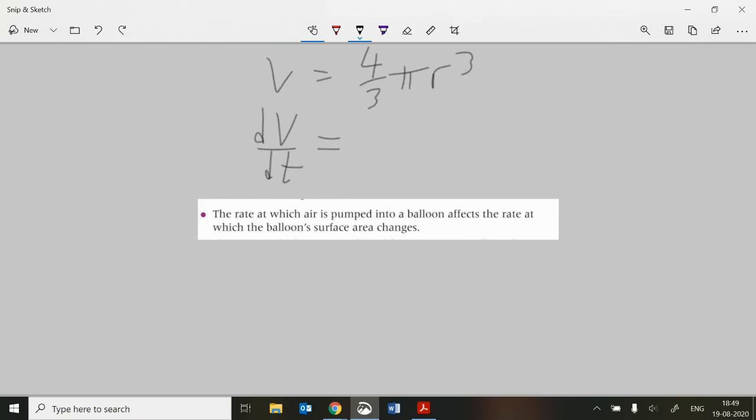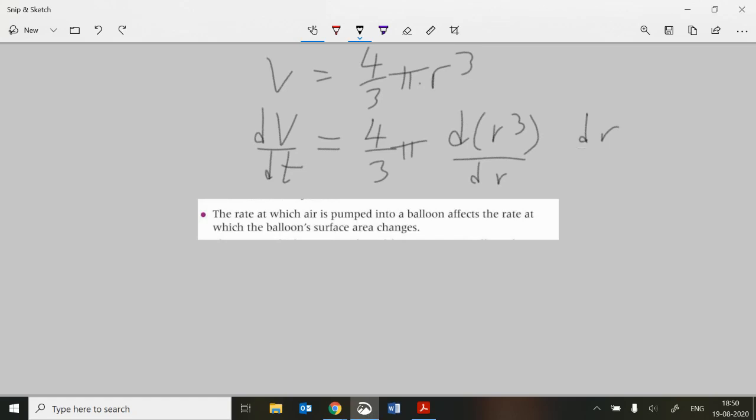This is just a constant. We can take that constant out the front, and then we're going to need to differentiate this. So we can say here we've got d(r cubed)/dr, and then we've got our dr/dt there. So we can put that in.